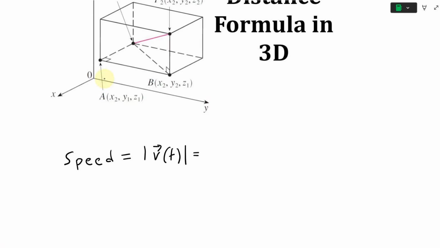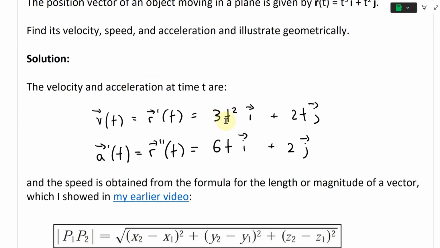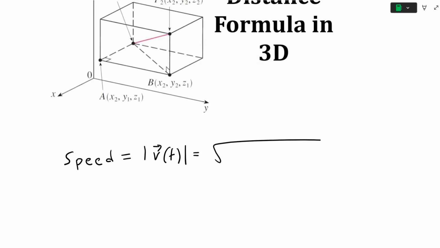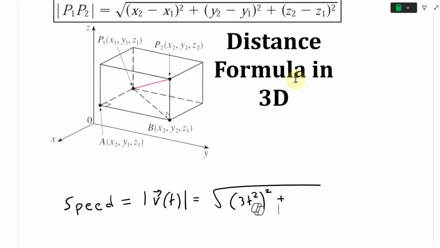This is going to equal the square root, and then we just take the components, 3t squared and 2t, and we have to square those. Put this for completeness for this first example. So 3t squared, squared, plus 2t, squared.